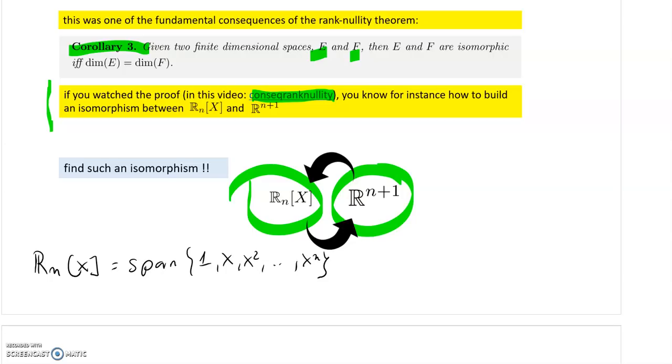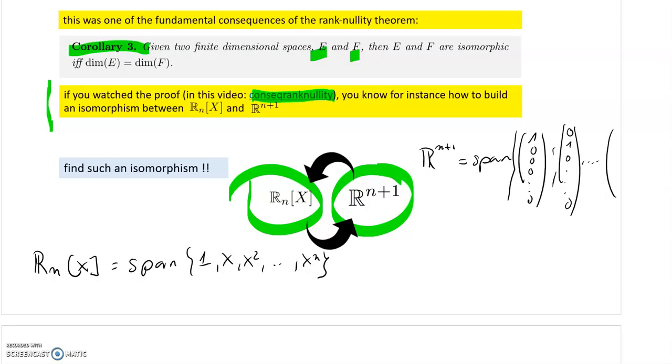And the standard basis of R^(n+1) is just going to be the span of the vectors 1, 0, 0, 0, and then the vector 0, 1, 0, etc. And finally, the last vector would be the vector full of zeros with a 1 at the end.